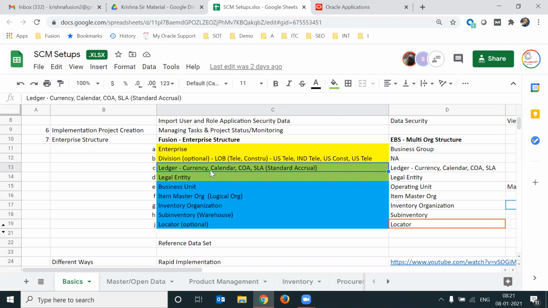Or you might have different departments. Let us take IT companies: Oracle department, SAP department, Microsoft department, and you want to track your financial transactions according to the department. That is also possible.